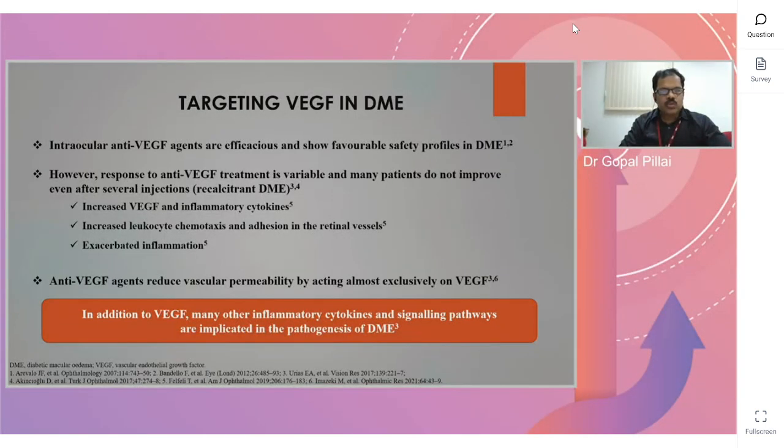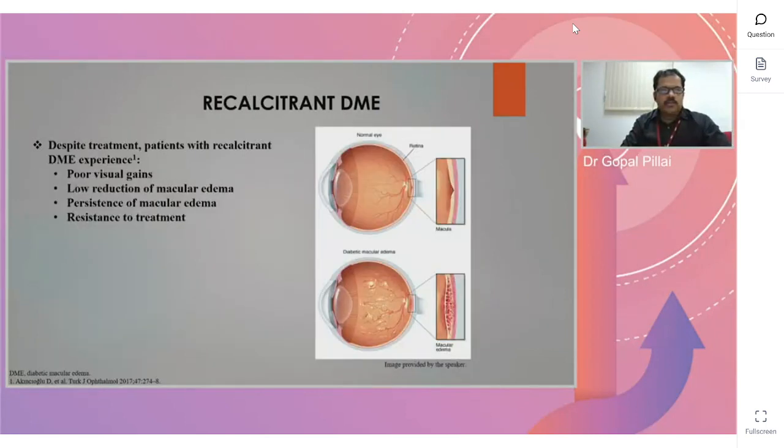Anti-VEGF agents reduce vascular permeability by acting almost exclusively on the VEGF receptors. In addition to VEGF, many other inflammatory cytokines and signaling pathways are also implicated in the pathogenesis of DME, as said by Dr. Rajiv.